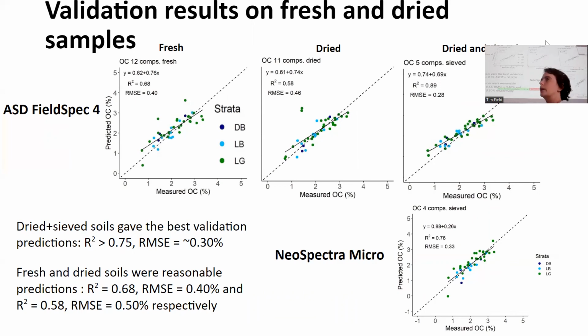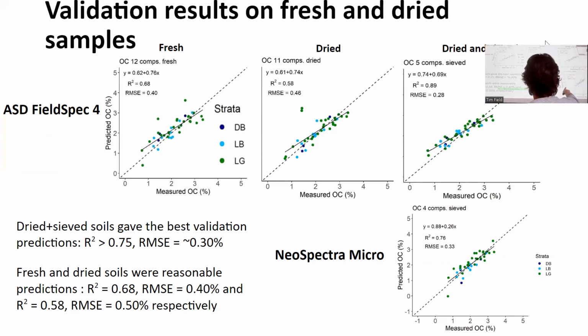And then with the fully processed soils that you've dried, you've bashed down, you've got a nice homogeneous mixture, and you get a really good contact with the scanner, you get the best R-square, which is 0.9, so nearly perfect on the one-to-one line. And the RMSE, your actual accuracy of the prediction, is varying at around 0.3%. So it's still not perfect, but it's quite good.